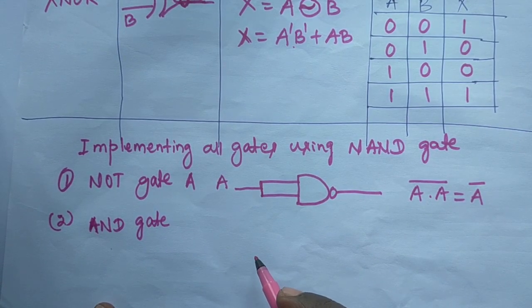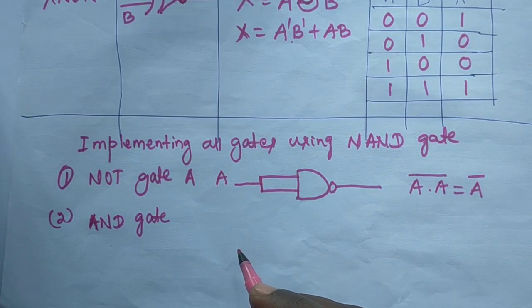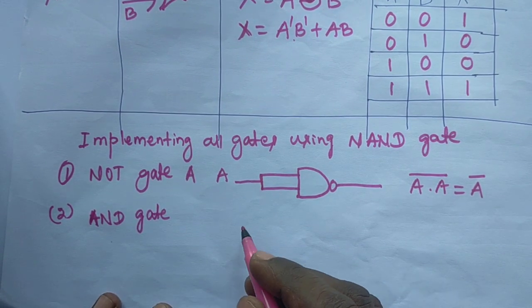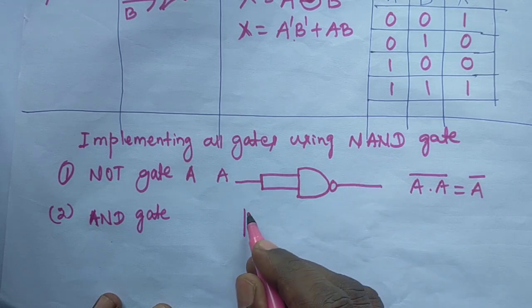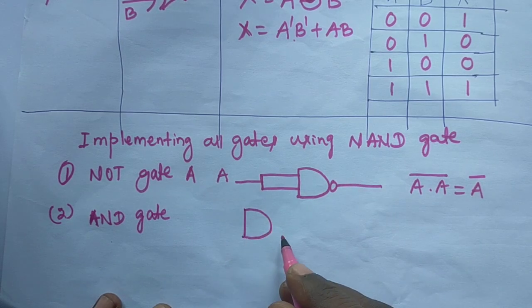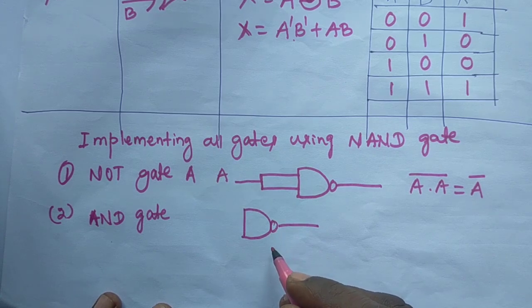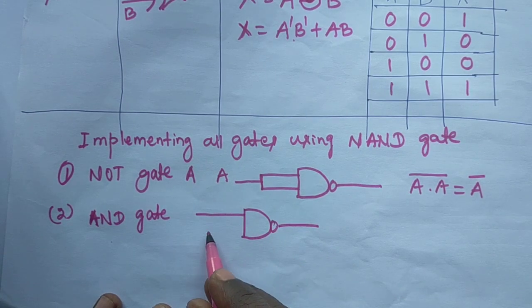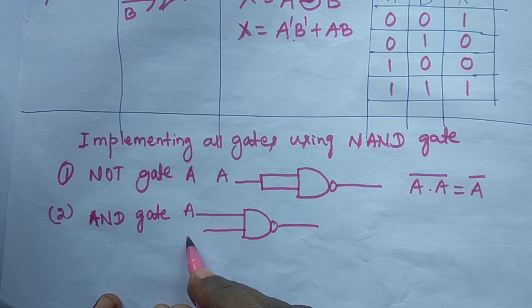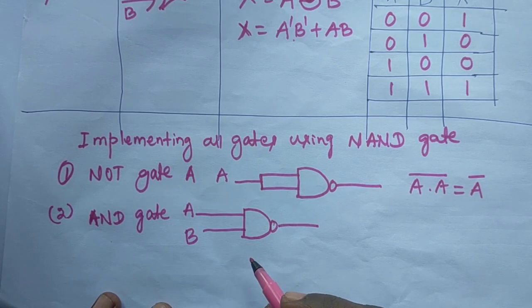If we go through the AND gate, two values we can consider. But using the NAND gate also we can do it, very simple. Two inputs we will provide to the NAND gate, here A and B.